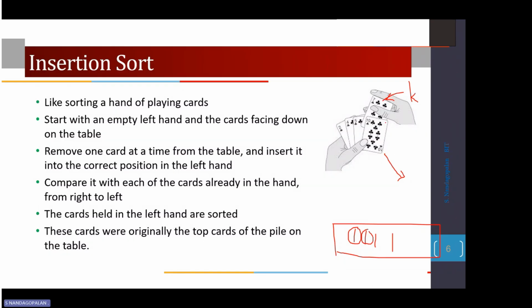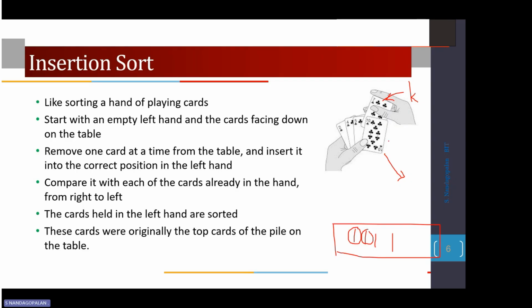Now the new card has to be inserted in such a way that it's going to maintain this ordering, right? So what the user is supposed to do is make sure that this card is inserted by comparing with the existing cards in the hand, which are already sorted, such that after inserting it should be in order, for which the user might compare from right to left or left to right.